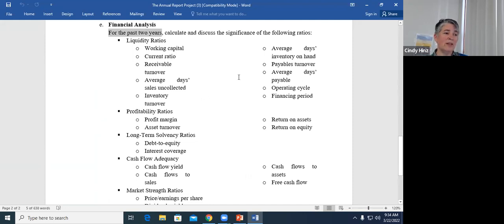So you're going to be calculating each one of these ratios or calculations for 2 consecutive years. That may mean you need to go to the company's annual report from the previous year in order to get the beginning balances, for example, to find the average receivables or the average inventory for the first year of your data.